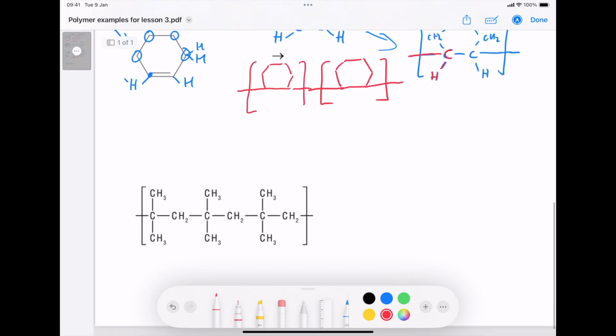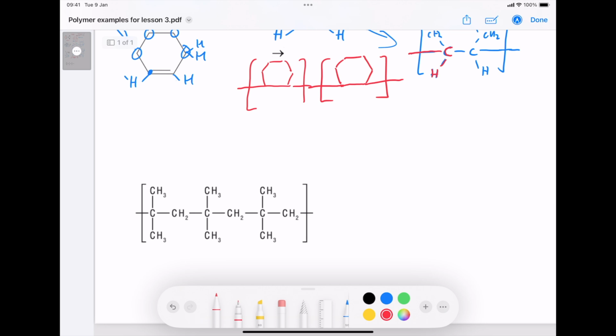Finally, with this one, we are given the repeating unit, and we have to work out what monomer has been used to make that repeat unit. So, same method again. Start with a double bond, put the 4 lines coming out, and then look for a repeating pattern. Remember, the double bond is the only part that polymerizes. That's what breaks to form the single bond.